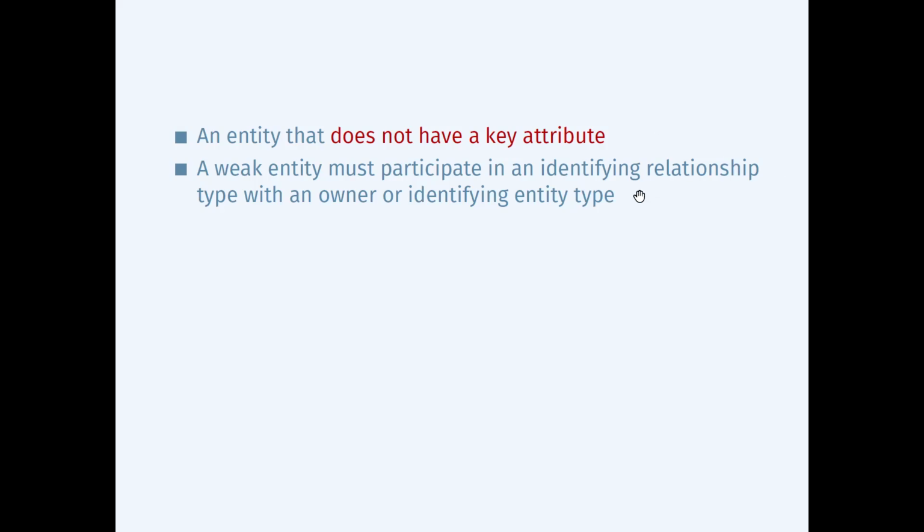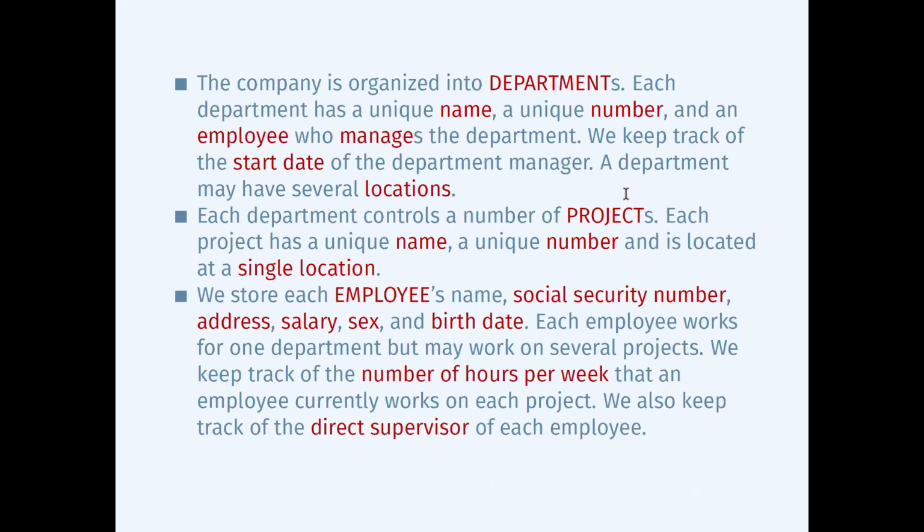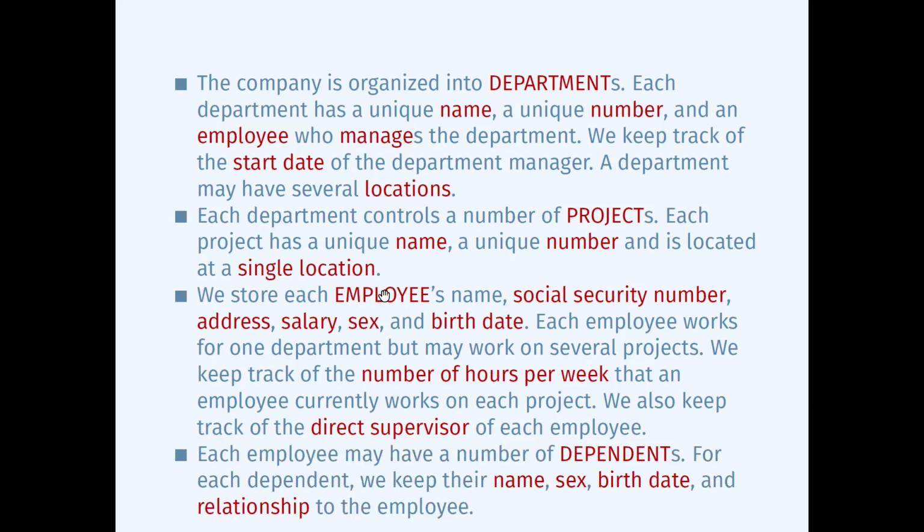Let me describe this idea in the diagram itself. If you go back to our description, the department, the project, and the employee are all regular entity types. But the last one, if you look at the attributes, there's no unique attribute you can find here.